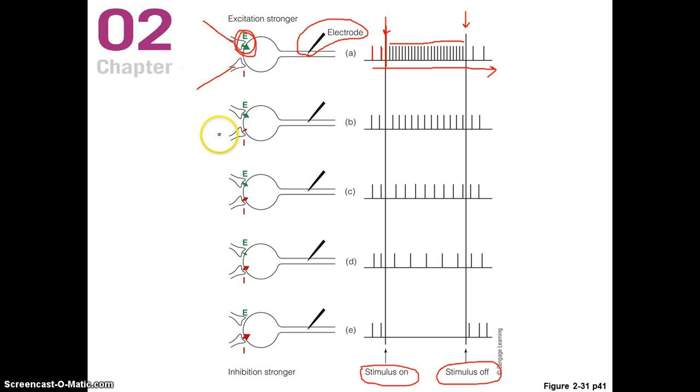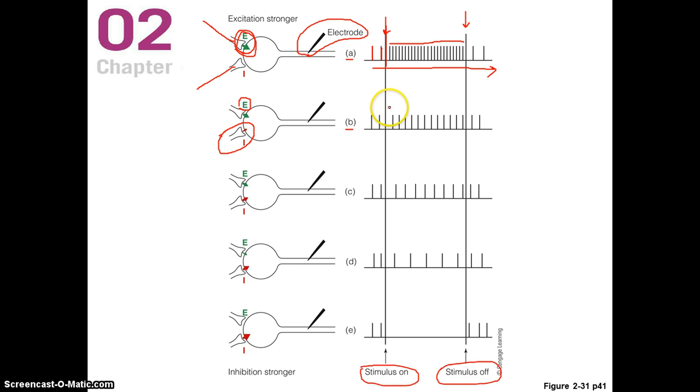But what happens if we start adding in some inhibitory inputs? So it's still receiving an excitatory input, but now it's also starting to receive some inhibitory inputs as well. What does that do to the rate of firing of the cell? Well, compare this event to this event.